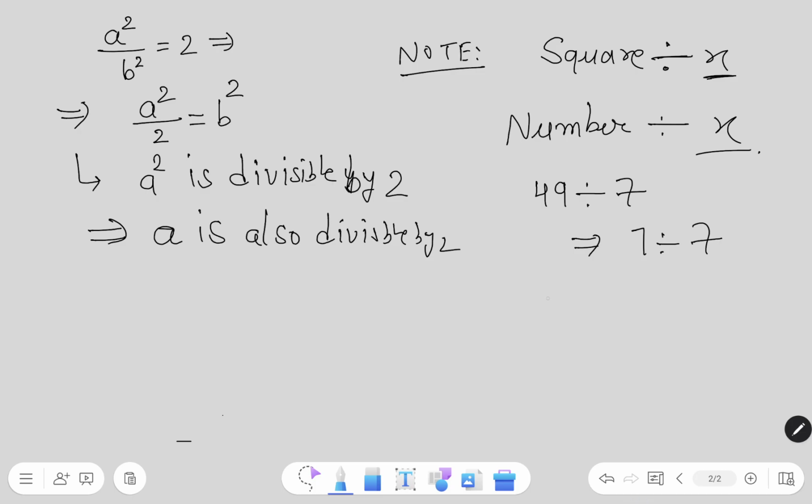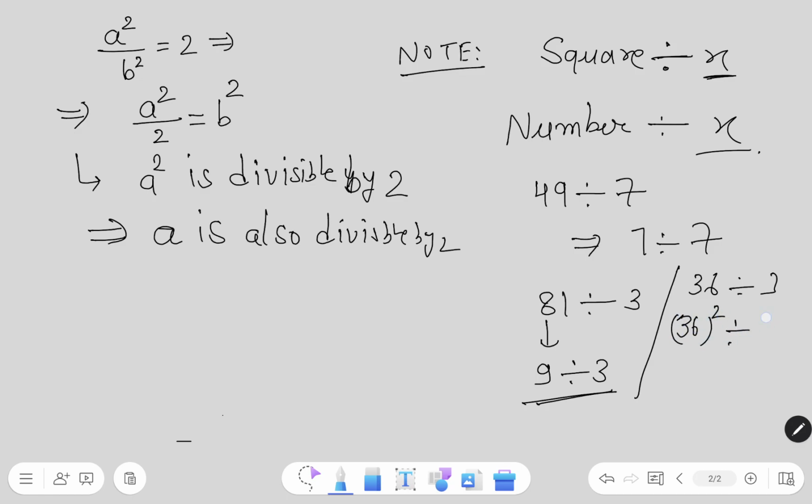I am saying if 81 is divisible by 3, then 9, which is the square root of 81, is also divisible by 3. That is the meaning of this statement.